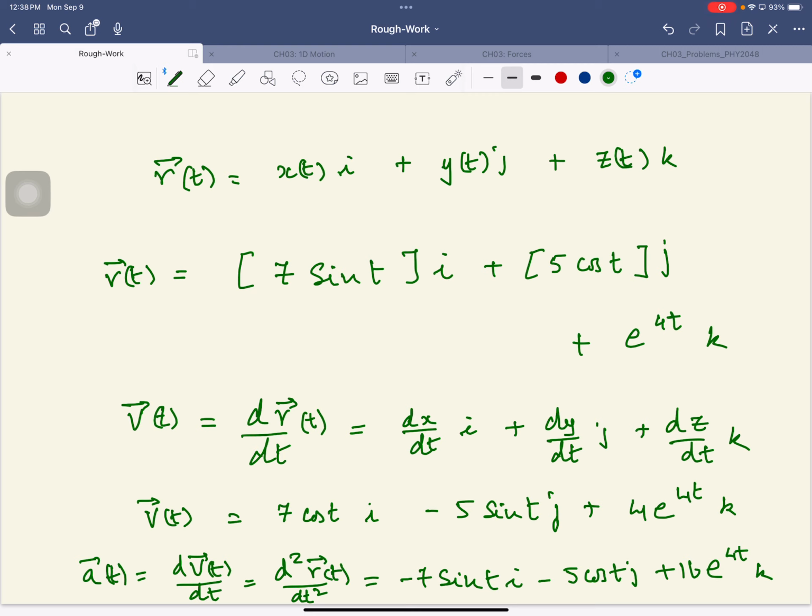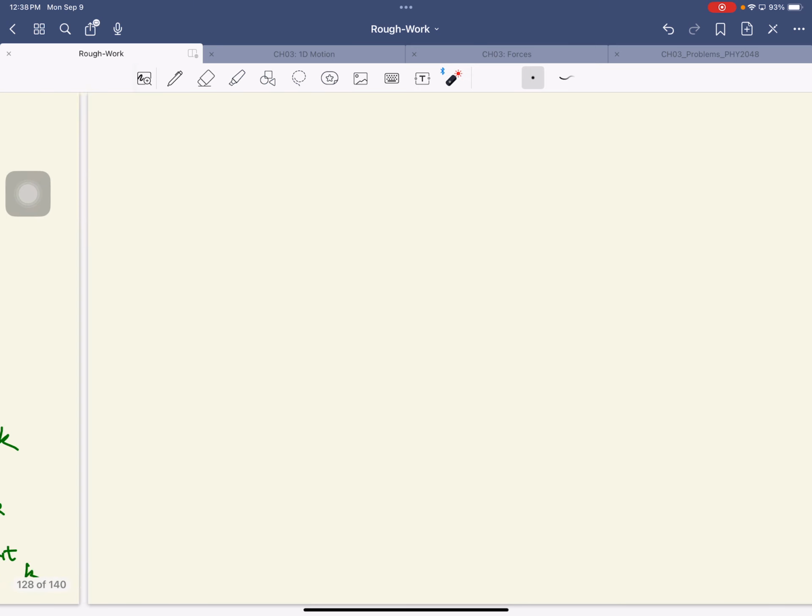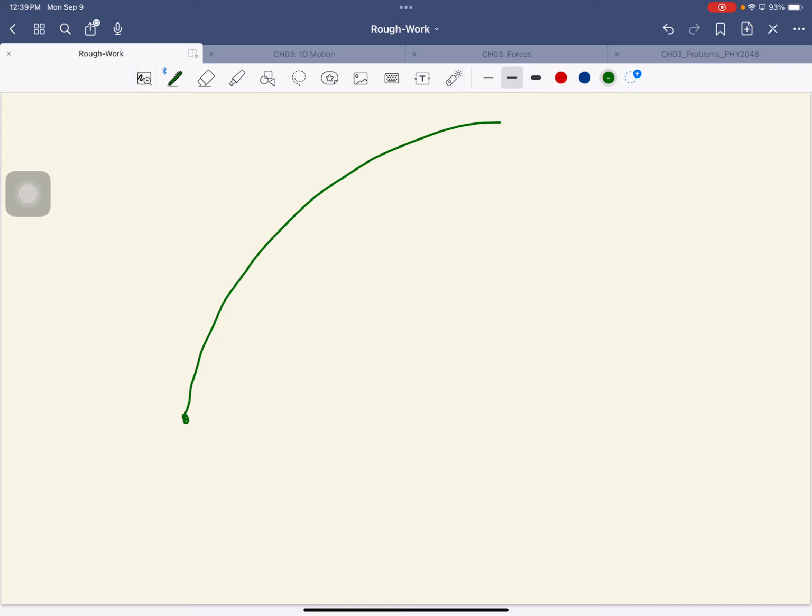So in fact, once you have the acceleration, here's what we do backwards. For instance, let's say you want to go from here to there.